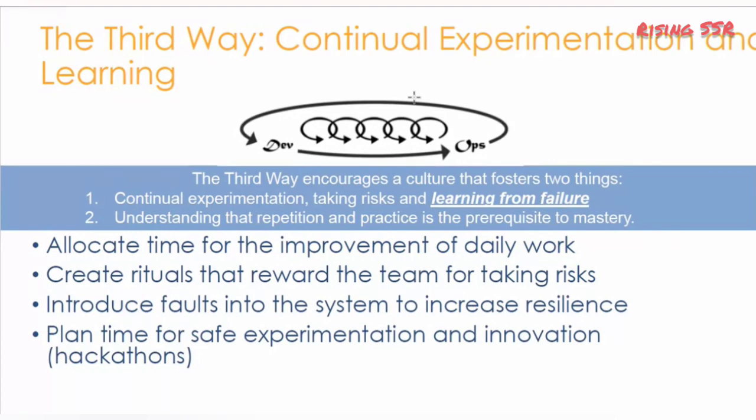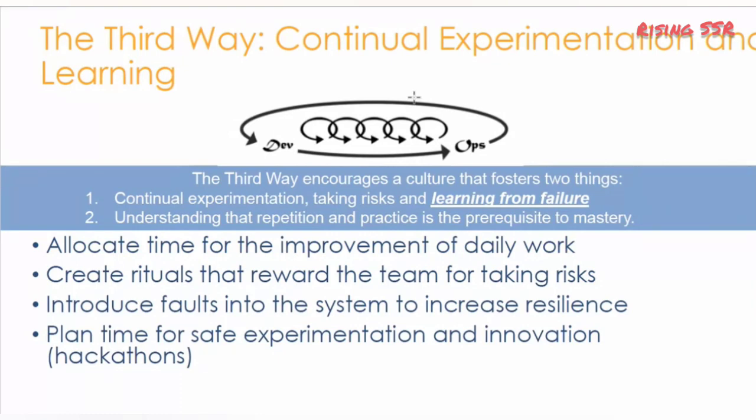And the third way is called continuous learning and experimentation. You are empowering your team so that they continuously experiment, continuously fail, and learn from the failures so that it strengthens both the dev and the ops capability. So that is what the third way is: continuous experimentation and learning.